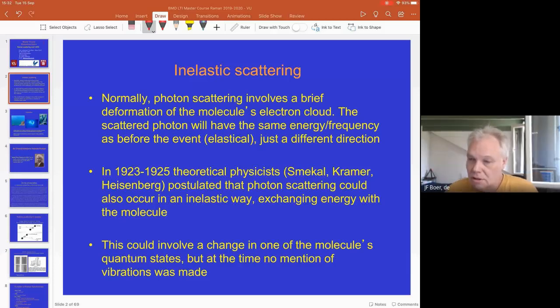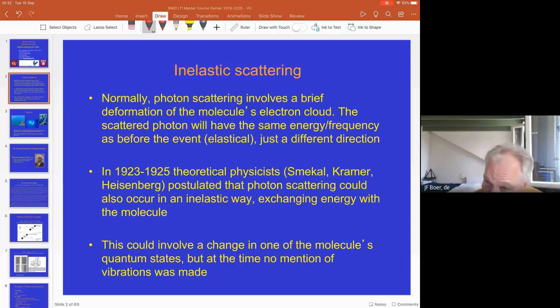And we all know that a moving charge creates another electric field. And so an incident photon or incident electromagnetic field makes an electron cloud around a molecule shake. That in turn creates an electromagnetic field, which is emitted by the molecule, and that is the process of scattering.